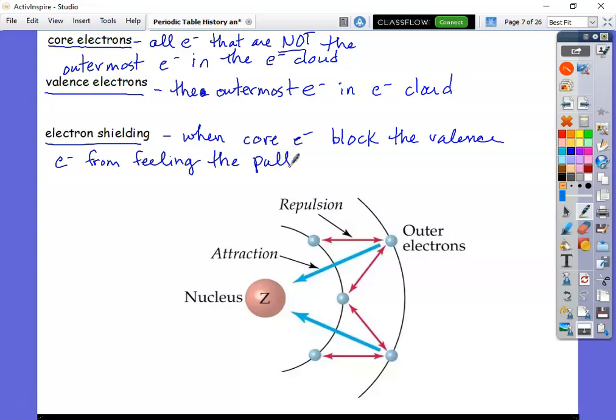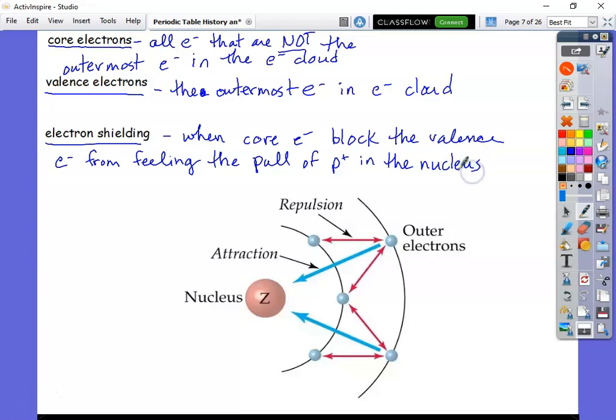The protons, having a positive charge, are attracting the electrons in the electron cloud. But if there are electrons that sit between the nucleus with its positive charge and the valence electrons, then they're going to block that. So let me finish this definition: feeling the pull of protons in the nucleus.